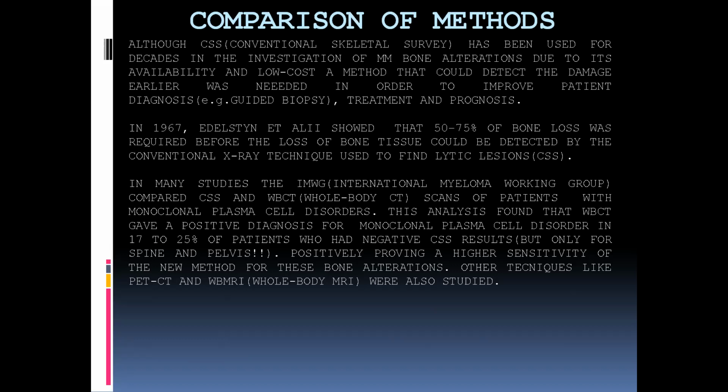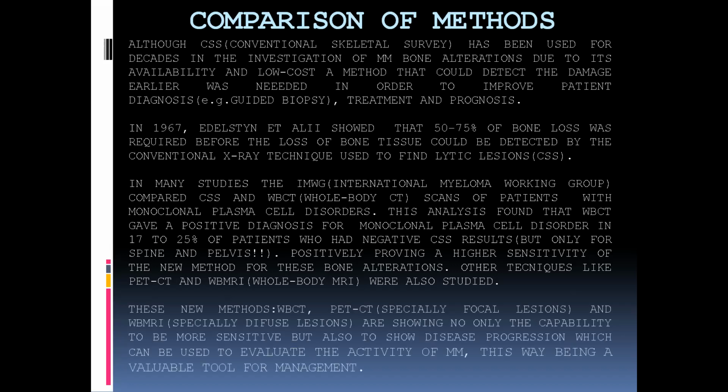So what this means is that the new method, especially WBCT, proved to be of very high sensitivity compared with the traditionally used CSS method. Other methods like PET-CT, especially FDG PET-CT, and WBMRI, which is whole body MRI, were also studied, but WBCT was the mainstay of these studies.